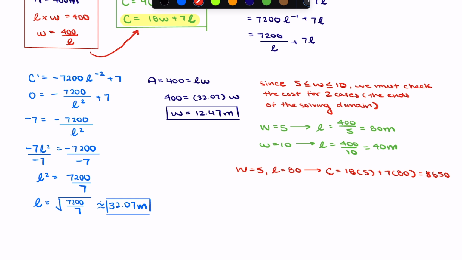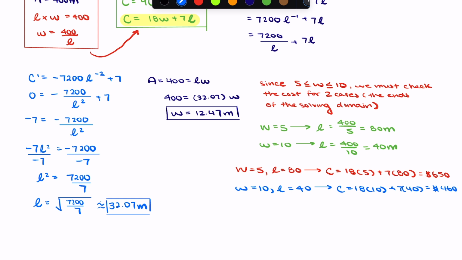And then here, if the width is equal to 10 and the length is equal to 40, then we see here that cost will be equal to 18 times 10 plus 7 times 40, which is equal to 460.